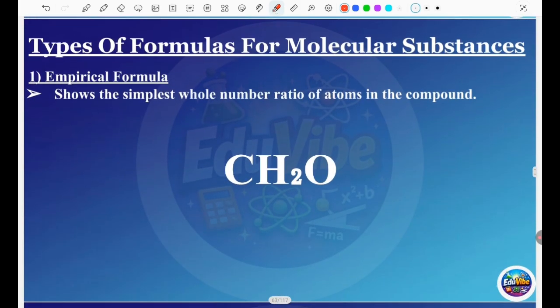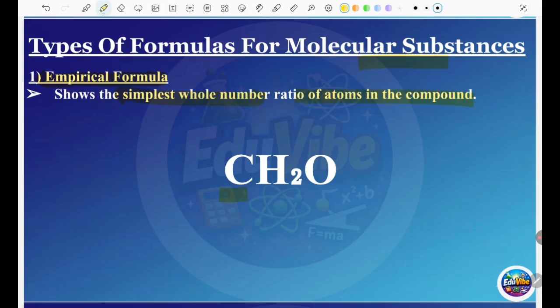So first, before drawing the Lewis structures, we will look at some types of formulas for molecular substances. We have some molecular substances, and they have different types of formulas we can create. The first one is the empirical formula. The empirical formula is the simplest whole number ratio of the atoms in a compound.